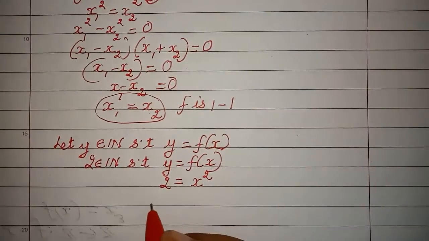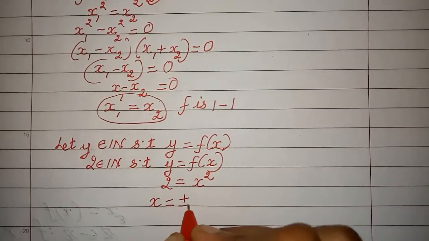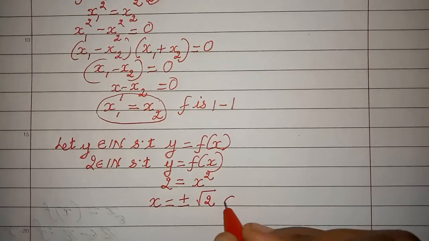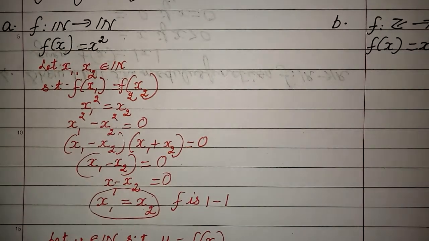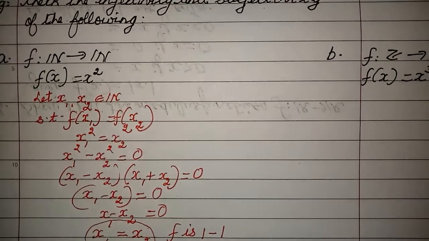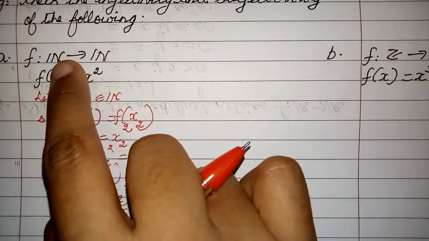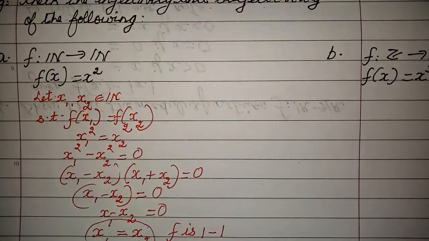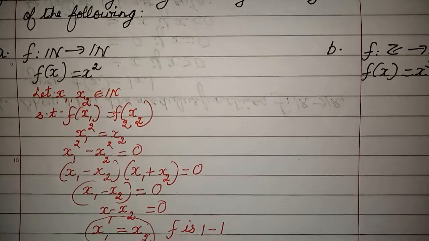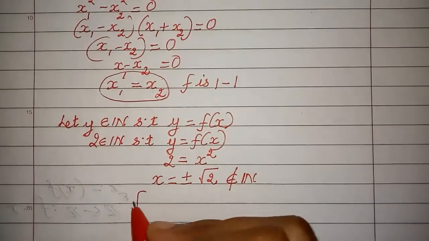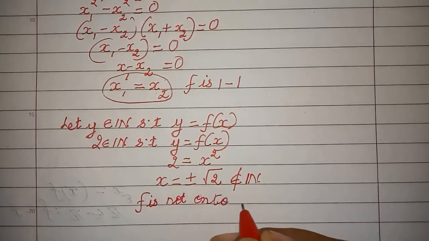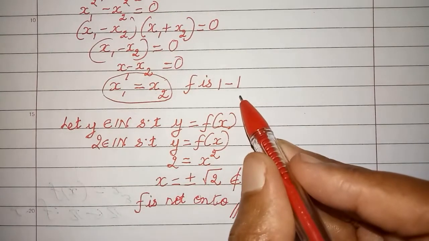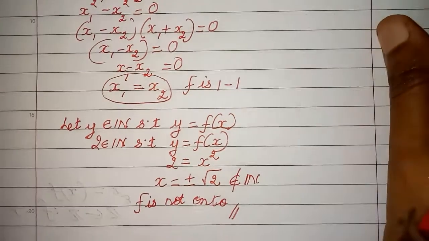So my value of x will be equal to plus or minus square root of 2, which is not there in natural numbers. I am able to find a pre-image, but that pre-image happens to be outside my set of natural numbers. It is actually an irrational number. Is that clear? So my function will not be onto. Okay, so it is injective but not surjective.